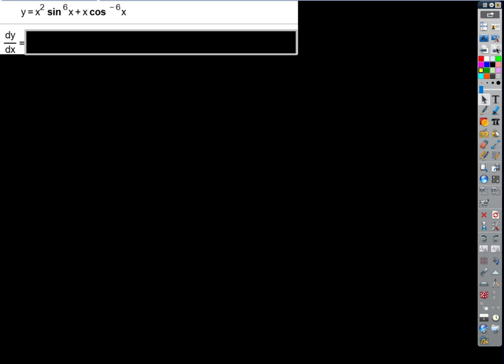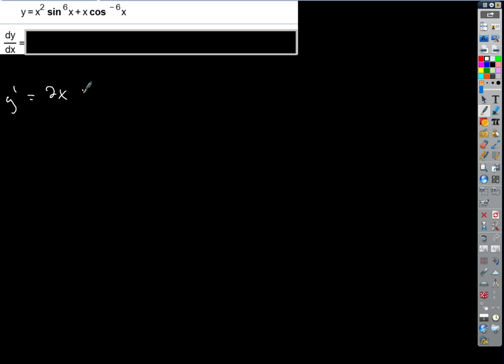Okay, Gage, you're our product rule expert here. You successfully dealt with the last one. So let's deal with this first. You get the first one. 2x times 6 cosine. Okay. But if we're doing product rule, remember we've got to make 2 terms out of it.